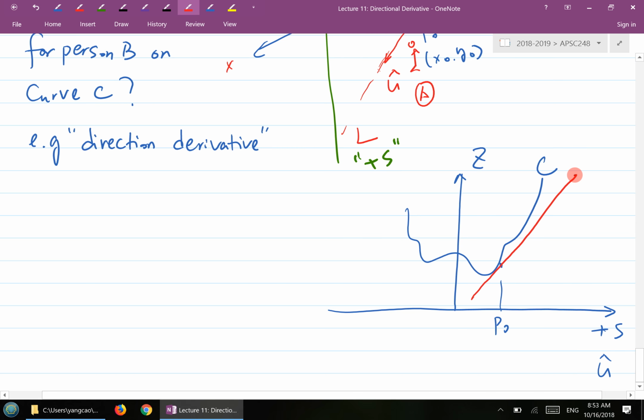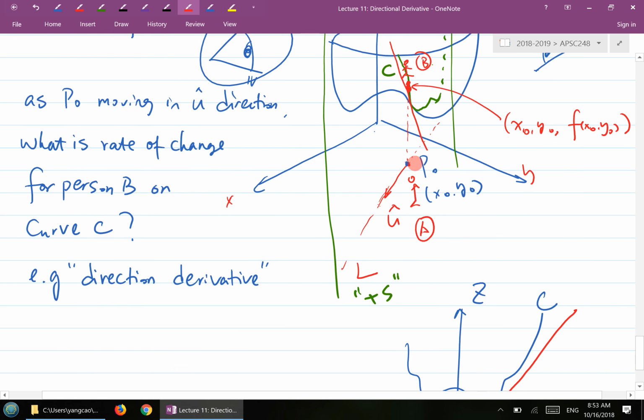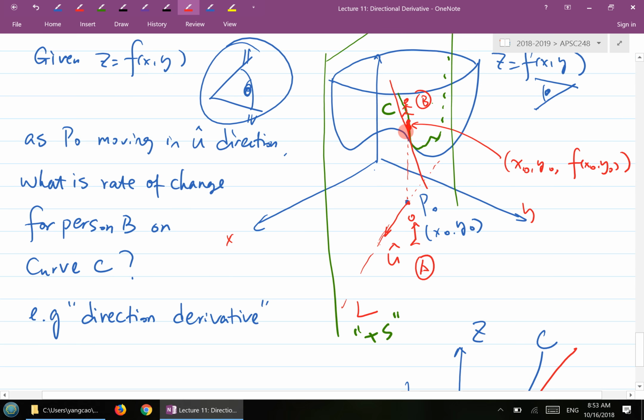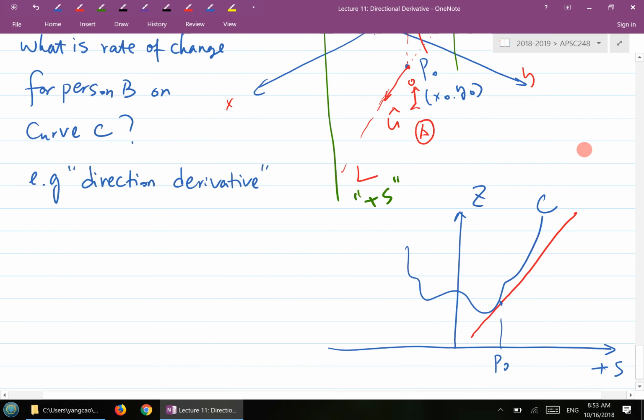As you go along this direction, B is going up, so you have a positive slope, the way I draw it here. If you draw it correctly from the perspective point of view, then you should have a positive slope as you're moving in the positive u hat direction. So that's how you can interpret it. That's basically, graphically, how you can interpret this idea of a directional derivative.